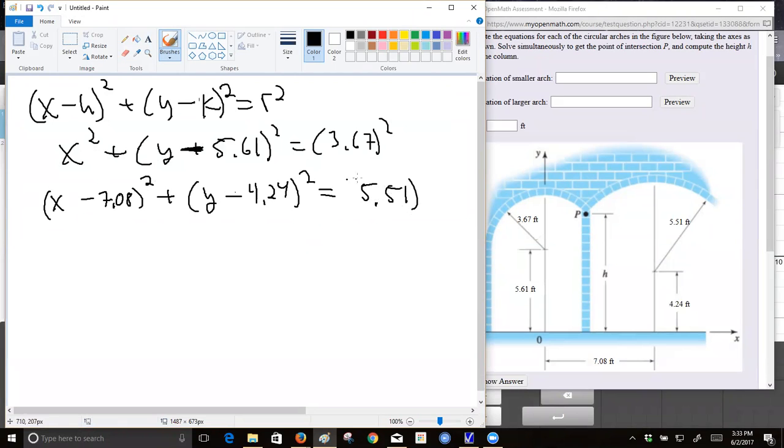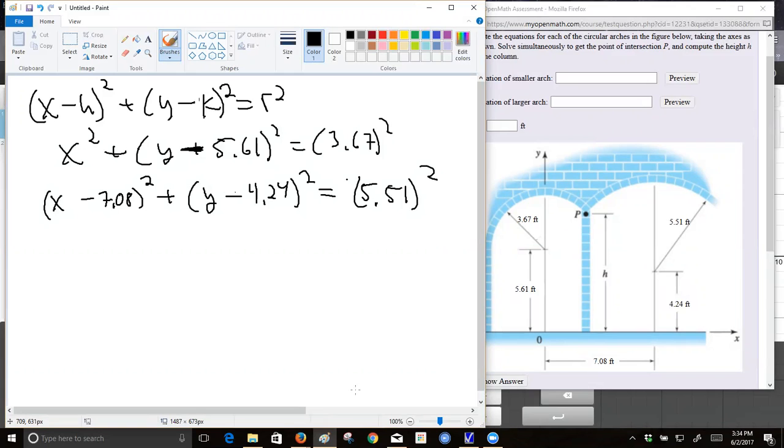5.51 squared. Now this is pretty obnoxious numbers, so I'm not going to solve this algebraically. Once I've got these set up, I'm going to turn to a graphing utility. If you give me a minute here, I'll write this down, and I'll go to Desmos, and we'll graph them.